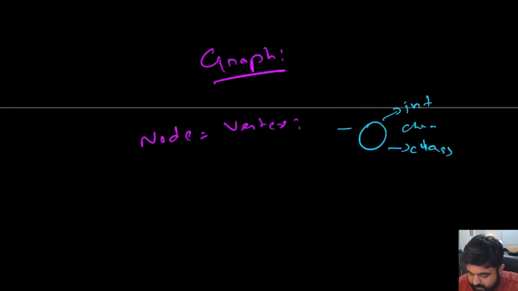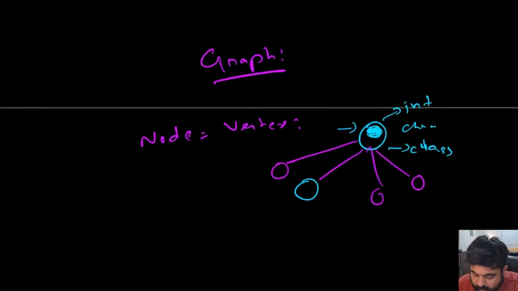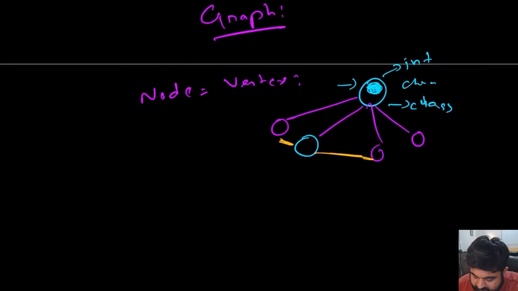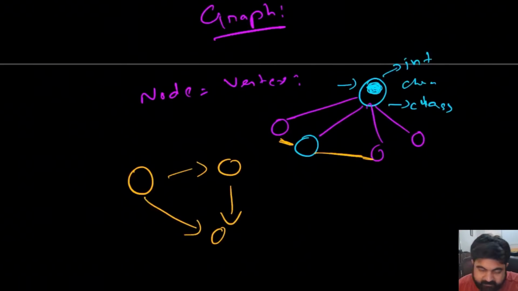But apart from that important data, a node also has the information of other nodes that it is connected to in the current system, and those other nodes can be n number of nodes. On top of that, those other nodes can also be connected internally as well. And there are some scenarios where one node is connected with another node, but that other node is not connected back, and it might be connected with some other node, and that other node might be connected with the first node as well.